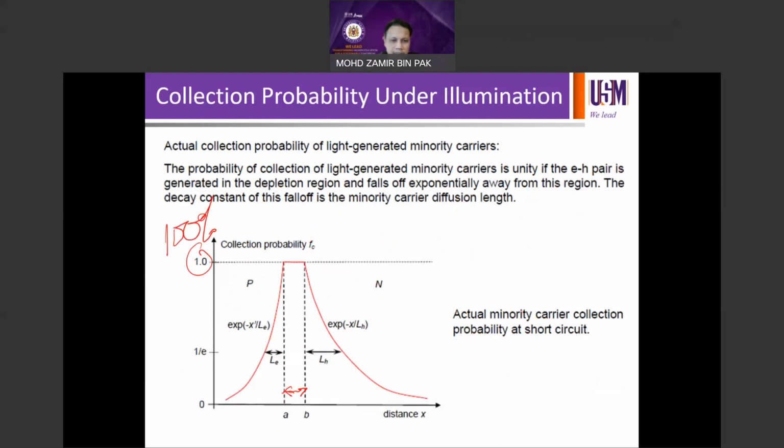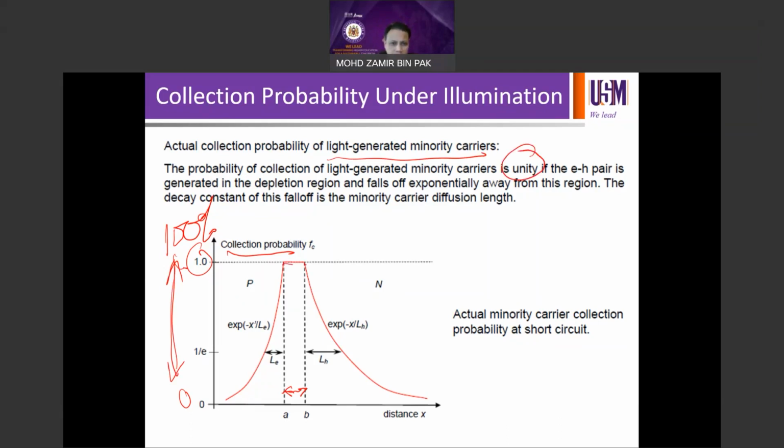So you can either represent your collection probability in percentage. So that means this equals to 100%. So this spans from 0 to 100%, for example, or you can also represent that as 0 to 1. Either one is fine, as long as you are consistent in giving the description. So the actual collection probability of light generated minority carriers, okay? The probability of collection of light generated minority carriers is unity.